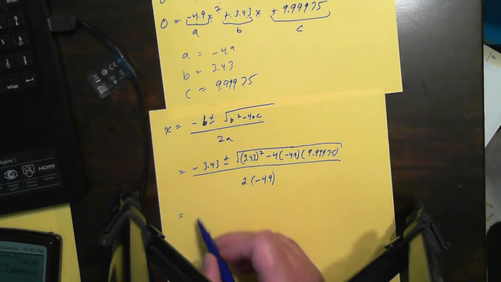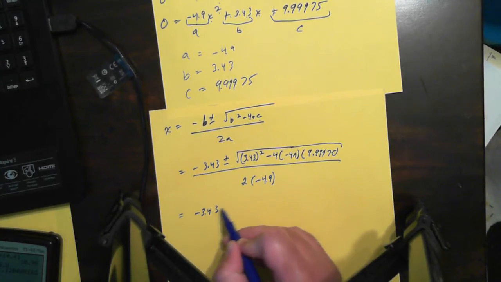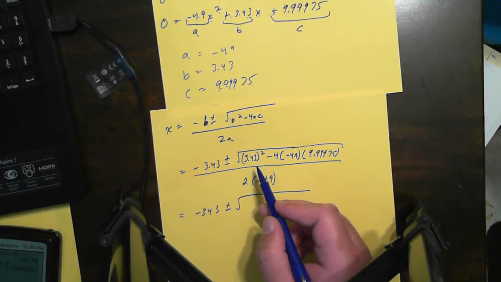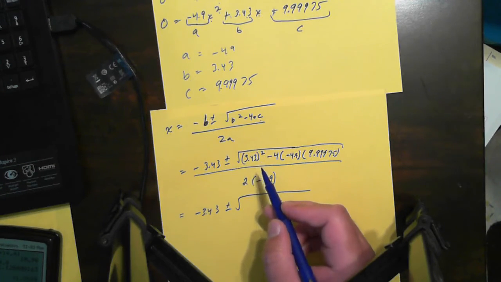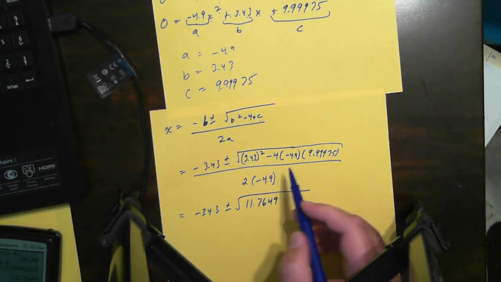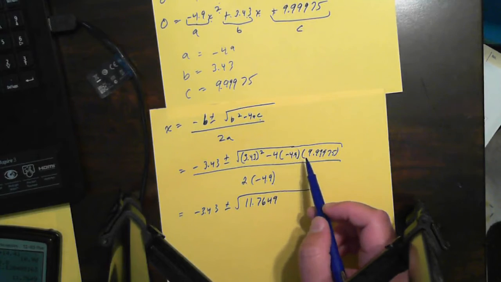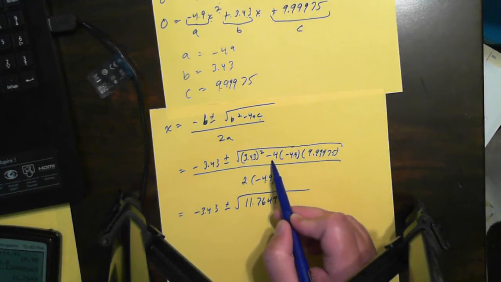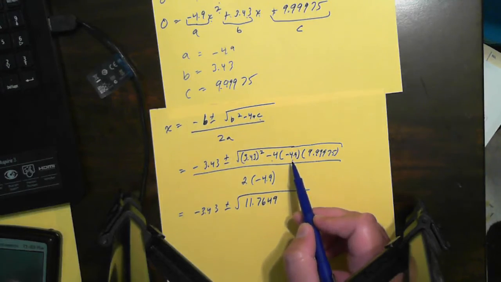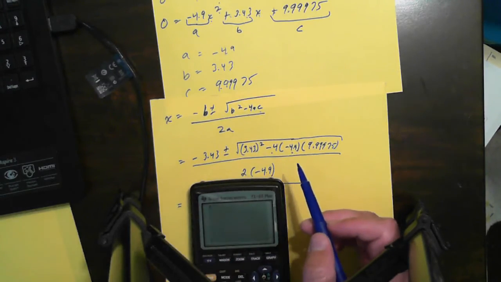Alright, I'll work out what's underneath the radical right now. So 3.43 squared equals 11.7649. Now I'm going to be careful with my signs here. I've got negative 4 times negative 4.9. I'll show you me punching this in the calculator.